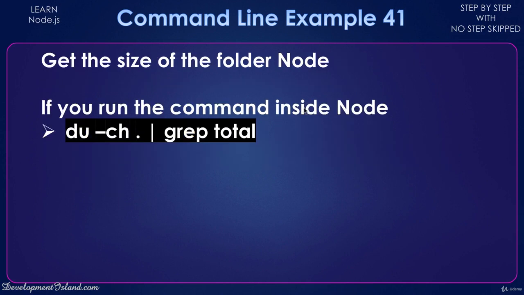So this time we want to get the size of a certain folder. So we are going to be inside the folder node, and we're going to get its size. So first of all, let's try this command and see what we get.